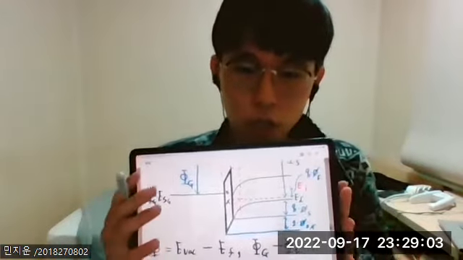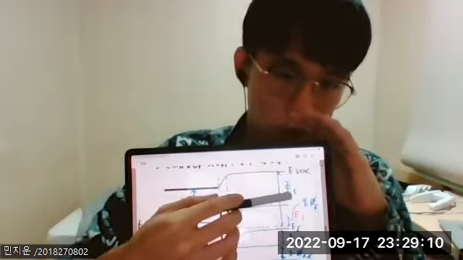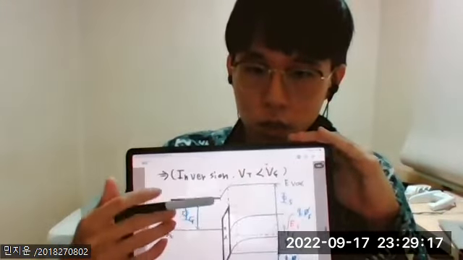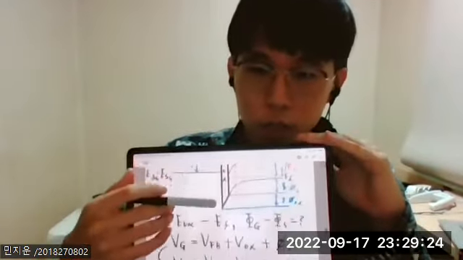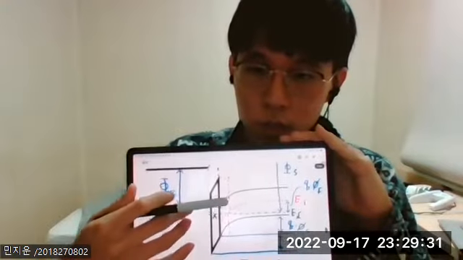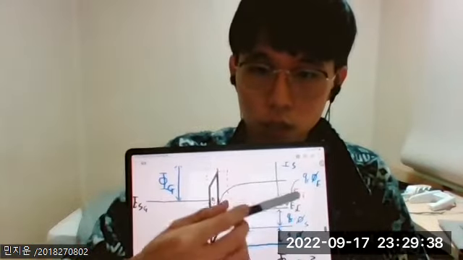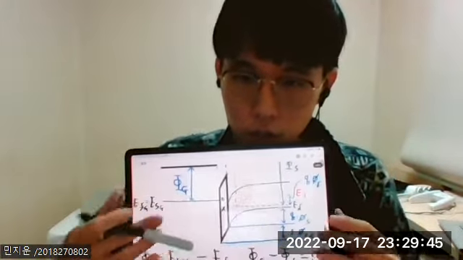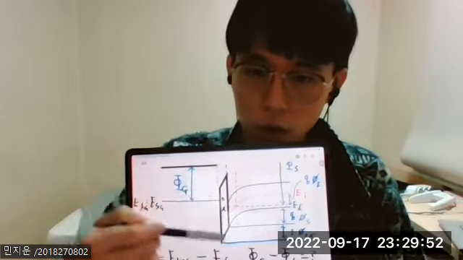So if we subtract the work function of the gate and the work function of the substrate, this means how much it is bent, and this energy level difference means phi f, and also phi s and phi ox are about the bending.